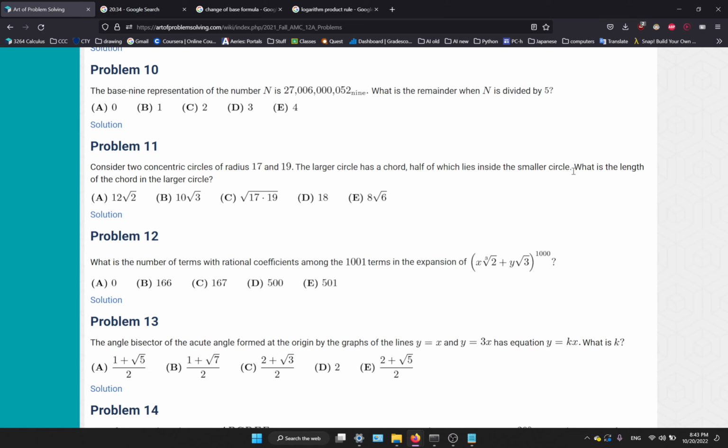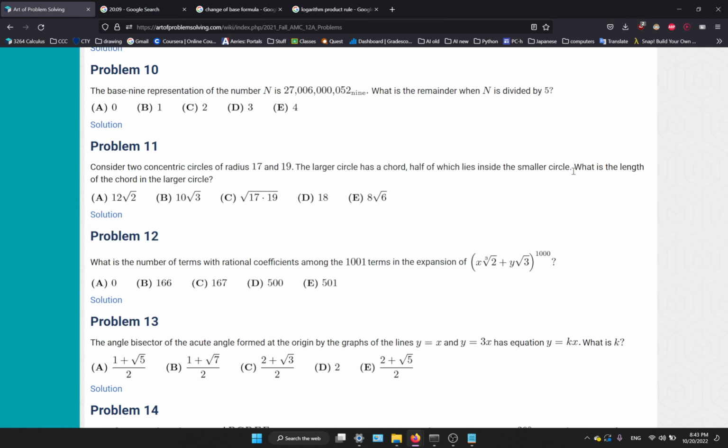Wait, maybe I need to draw a better diagram here. So it's gonna look something like this, maybe. No, it's not even close. I can draw a circle like that.